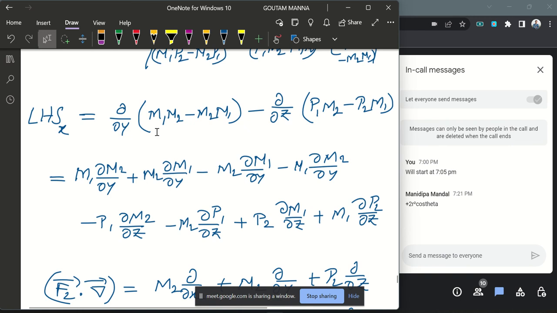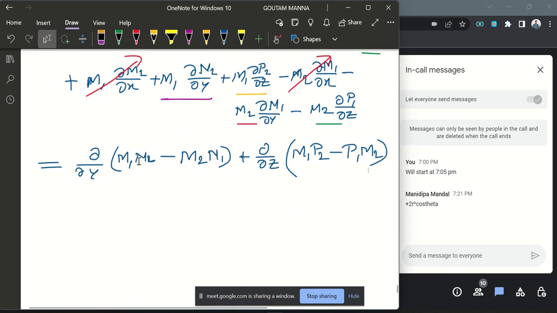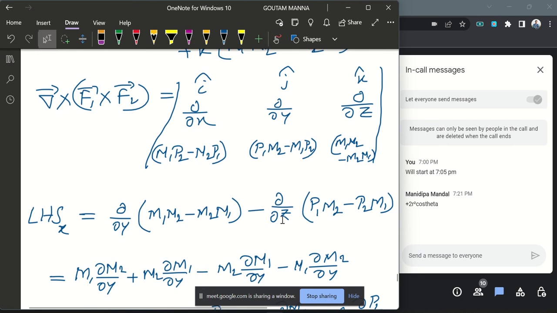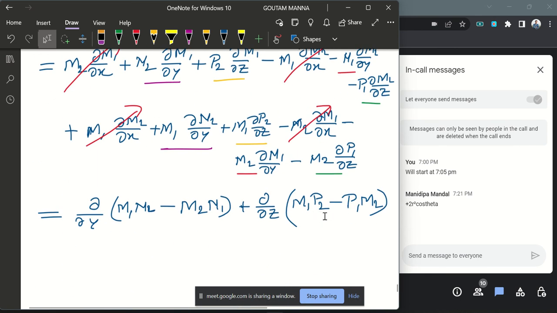So which is basically this, x component of LHS: del y of M1 N2 minus M2 N1, and del z of M1 P2 minus P1 M2. So if we interchange this, there will be a minus sign, and there is a minus here, there is a plus here, so then these two will match.